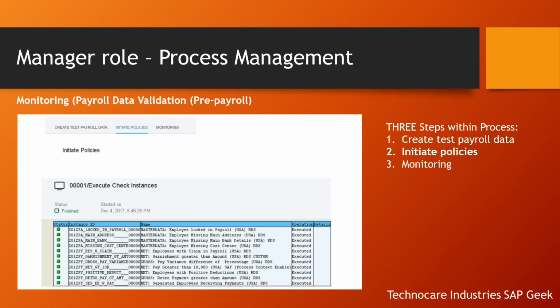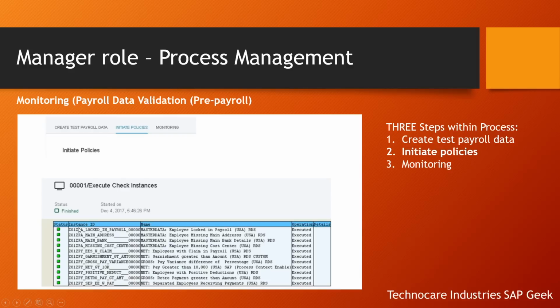Okay, and you can see these are all the alerts, like for example, employee logged in payroll, employee missing main address, missing main bank, missing cost center, employee with claim, right? All these are the alerts, right?